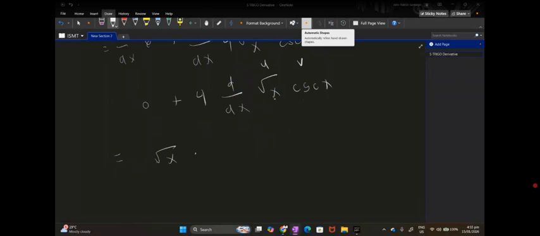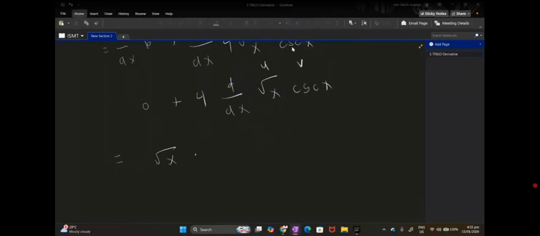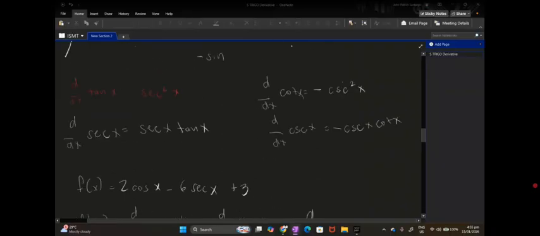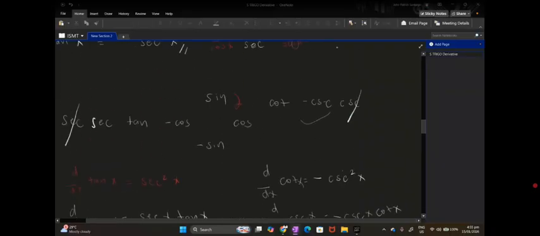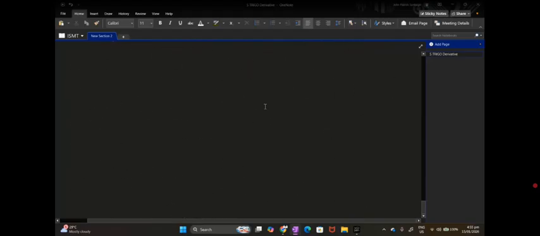So, derivative ng cosecant x, pag binalikan natin here, tanggal natin si cosecant, matitira, negative cosecant cotangent.